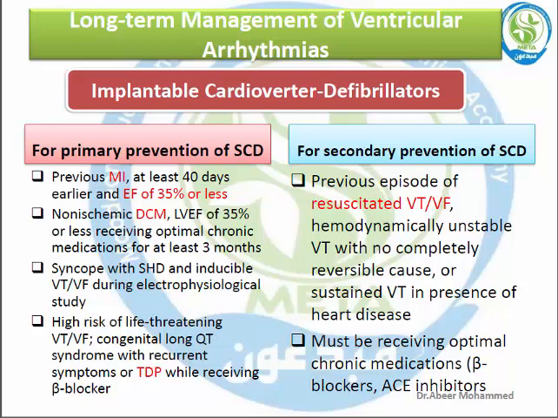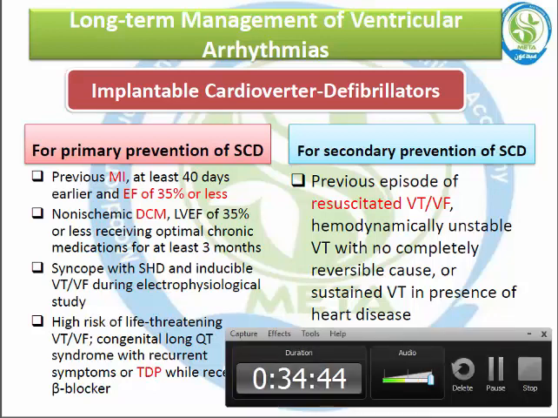Secondary prevention is for a previous episode of resuscitated VT or VF, ventricular flutter, where they were resuscitated as we saw in ACLS, or the patient is hemodynamically unstable with VT, or has sustained VT in the presence of heart disease like heart failure. In such cases the patient must be on optimal medications, like beta blockers and ACE inhibitors, any optimal treatment of heart failure or any other heart disease.